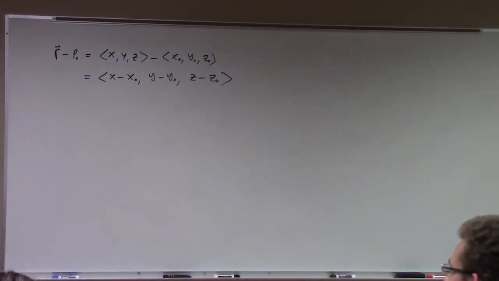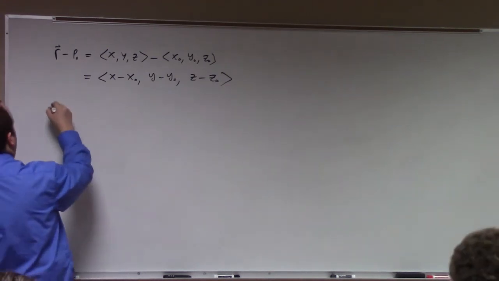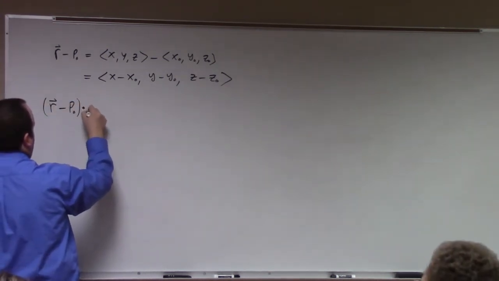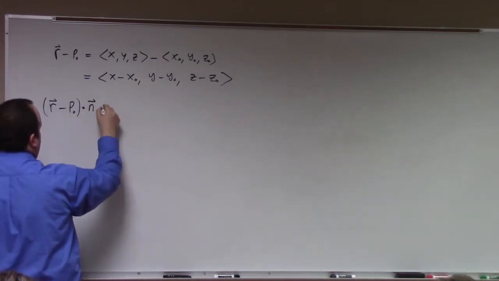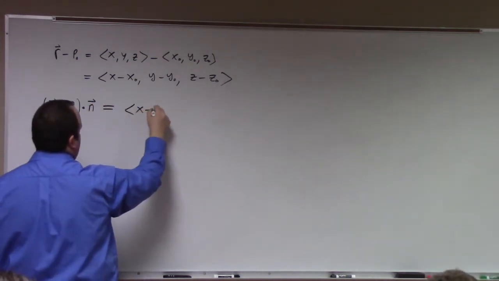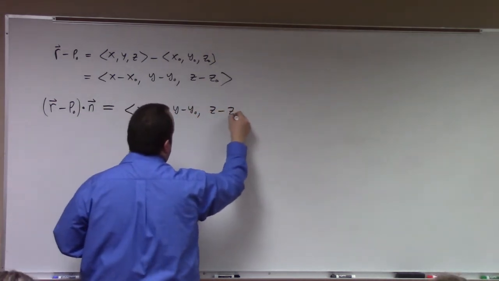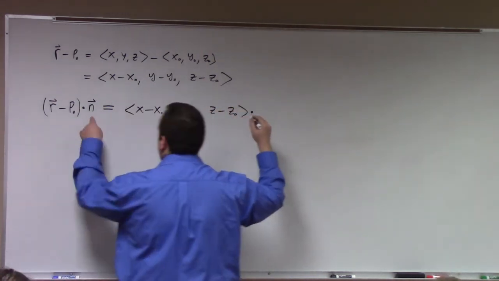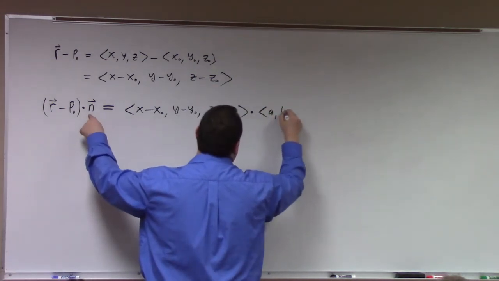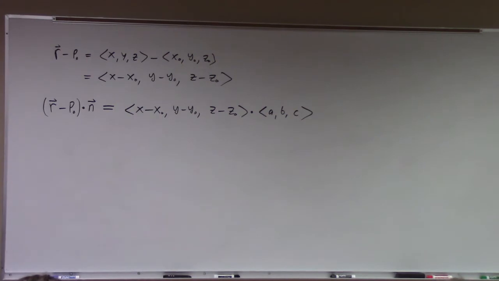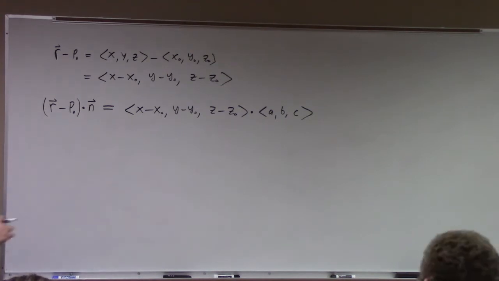And we're saying the equation, so if you look at R minus P naught dot n, that is actually equal to x minus x naught, y minus y naught, z minus z naught, dotted with, well, n we said is ABC. What's that equal to? 0, right?